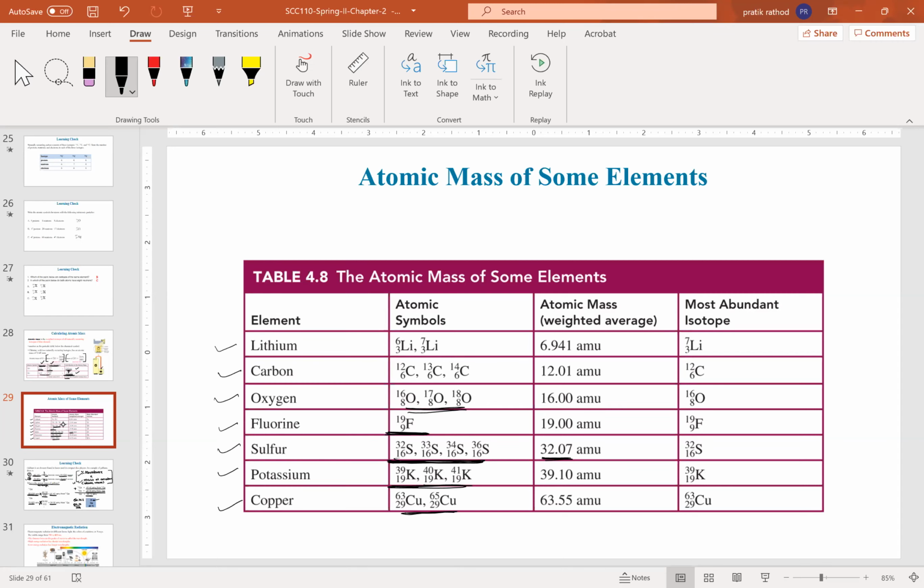This information will be given to you as part of the question. All you have to do is use the formula, find out the number for each isotope, and add them up. Sounds good? Any question before we move on?